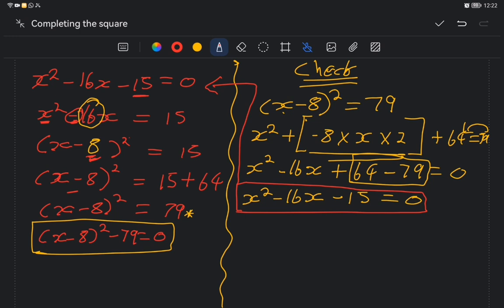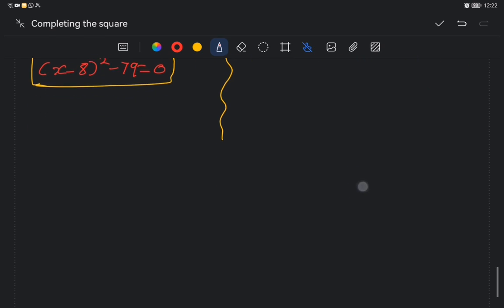Let's take another example, our last example for this video. Let's say we're given x squared plus 12x plus 35 is equivalent to 0.